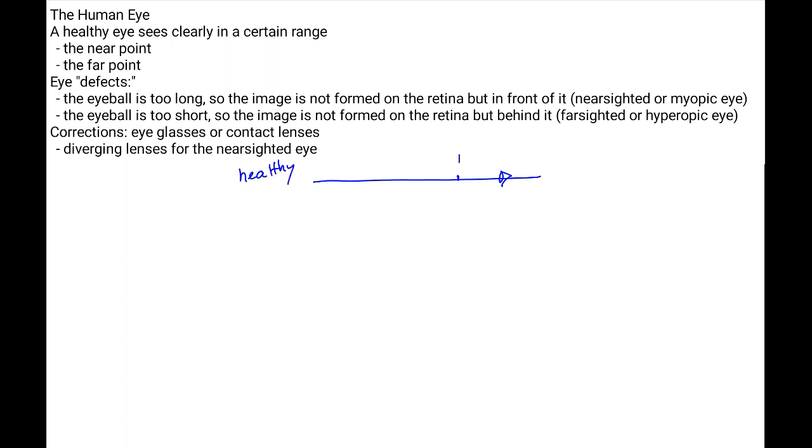It sees from the near point to the far point, but then the nearsighted eye sees the near point in the right place, but it only sees up to this distance. So to correct this, we give the nearsighted eye diverging lenses.